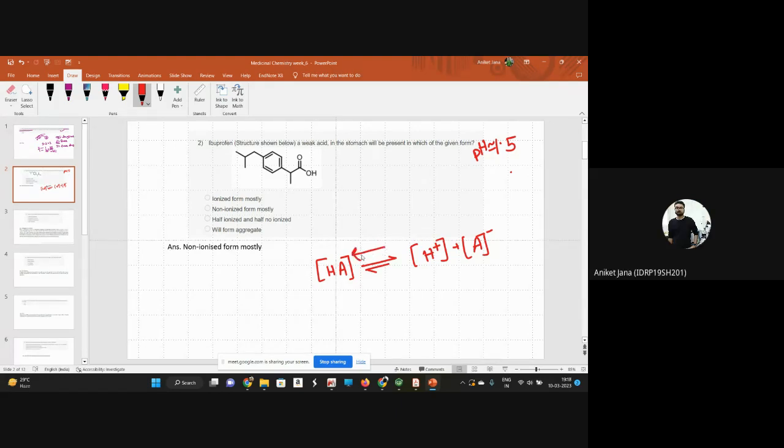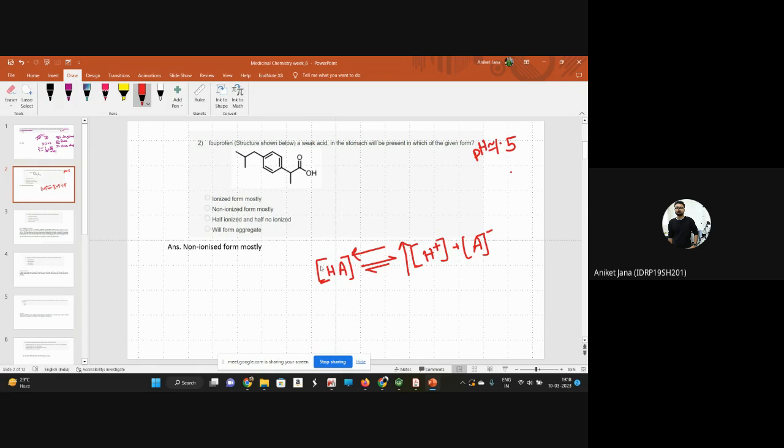Yes, exactly. Very good. So when the pH is very low, meaning a highly acidic concentration, the H plus ion concentration in the medium is already very high, right? That is why the pH is so low. So according to Le Chatelier's principle, when this H plus concentration is very high, the equilibrium will move towards the left hand side, that is towards the non-ionized form.